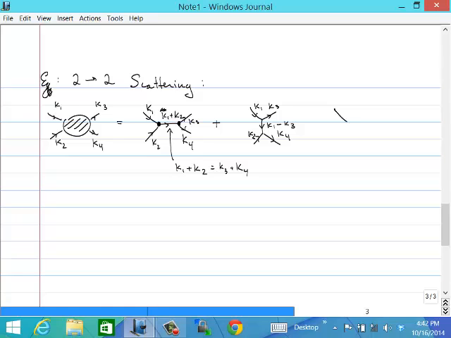And there's a third process, which is again an exchange process, except now the particle with momentum k1 is not the same as the particle with momentum k3, but rather is the same as the particle with momentum k4. Okay. And the particle with momentum k2 is the same as the particle with momentum k3.